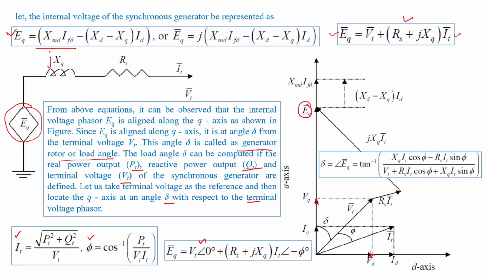Rotor angle is the angle of the EQ, right? Because whatever angle this EQ, the internal voltage, is making with the reference, that is known as the rotor angle or the load angle. Okay. So this internal voltage angle can be found from this equation, just expanding this equation in the complex form and taking the tan inverse of the imaginary part divided by the real part. That will give us the internal angle. Okay.